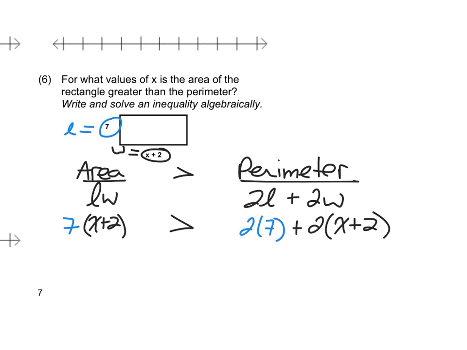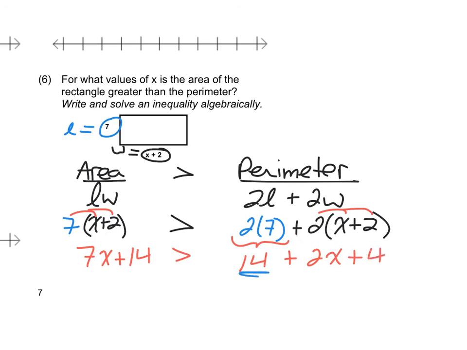All right, so now I'm going to do a little distributive property. Straight up multiplication here, right? Oh, bad squiggly bracket. Oh, look at that. It's a good looking squiggly bracket now. Plus 2x plus 4. All right, got some like terms here.